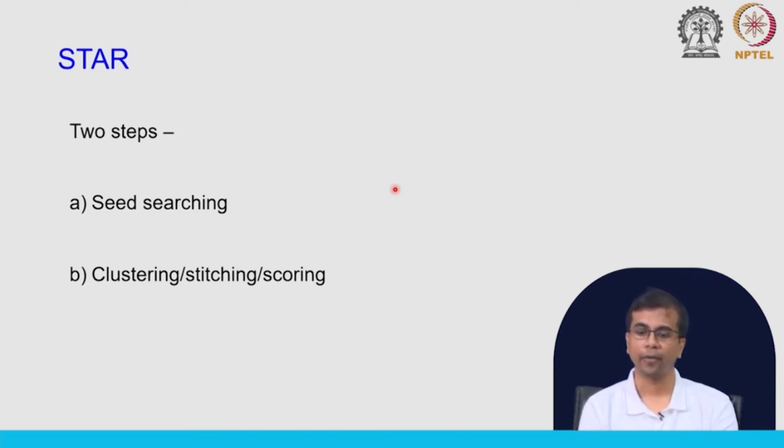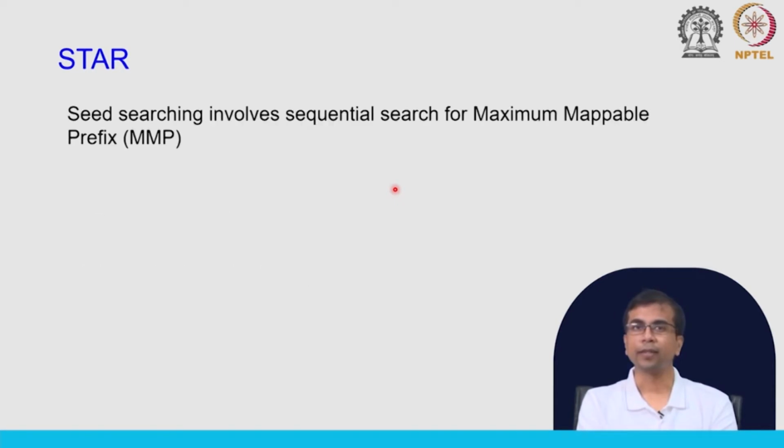We have looked into different algorithms that will do that. And what it does is that it involves something called sequential search for maximum mappable prefix, or MMP. So, how does this actually differ, and how can it incorporate this split alignment?